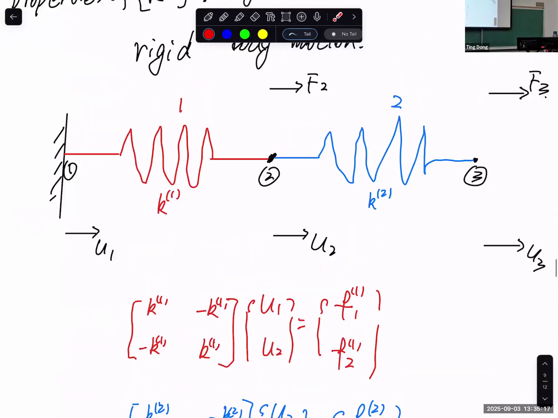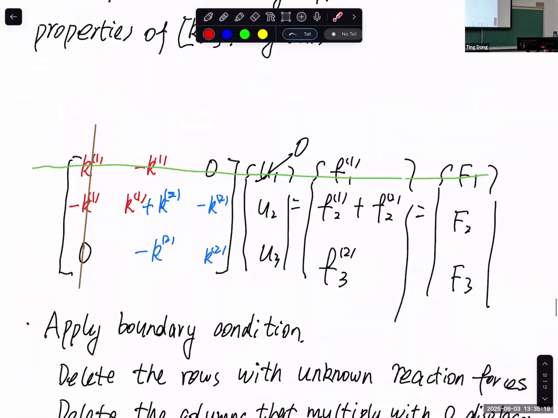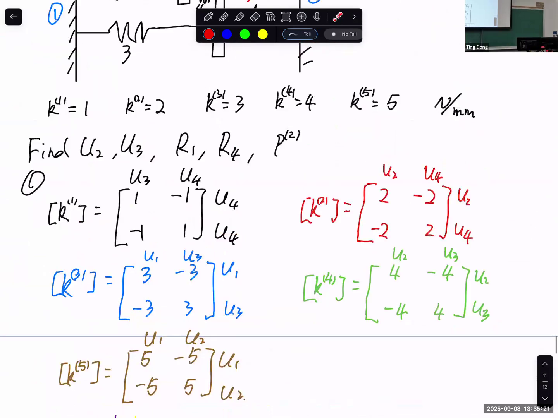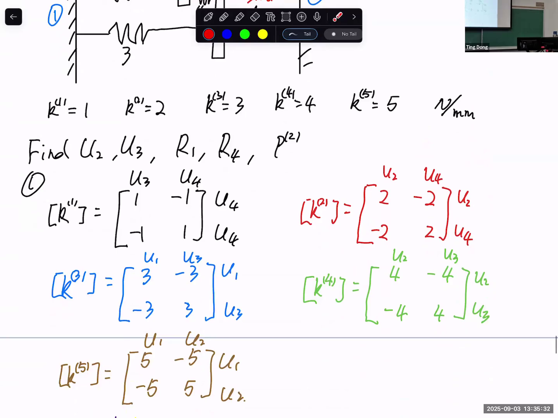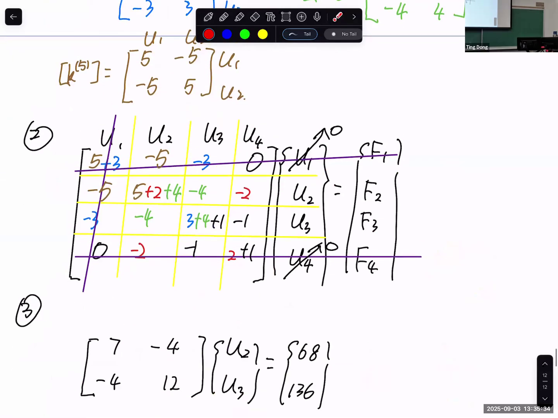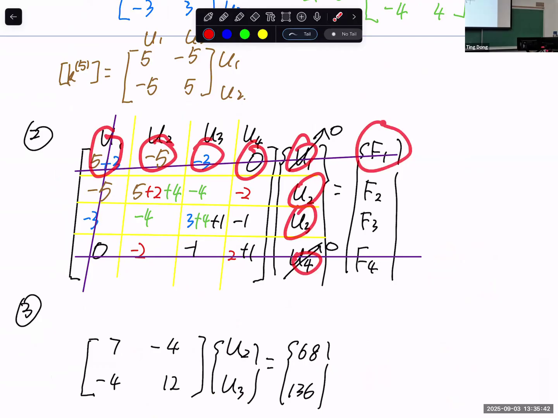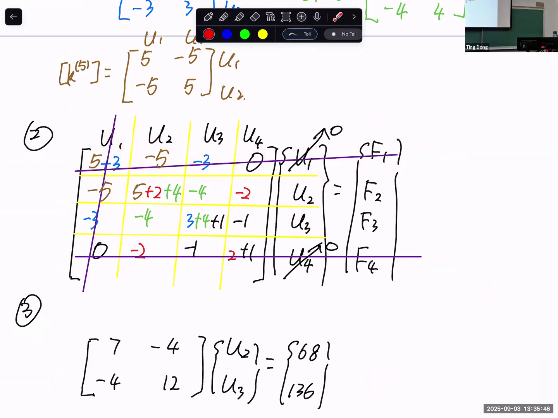In our example, I intentionally mentioned the unit here. Force, Newton per millimeter, same as what you learned before. Even though we have a matrix, Newton per millimeter times millimeter equals Newton. We just have more components.